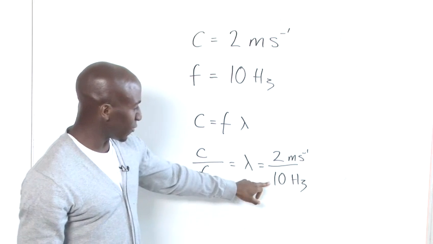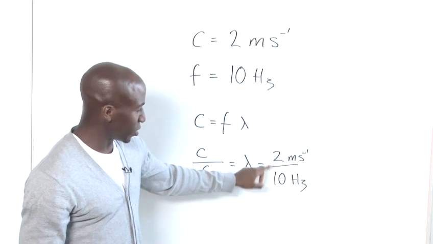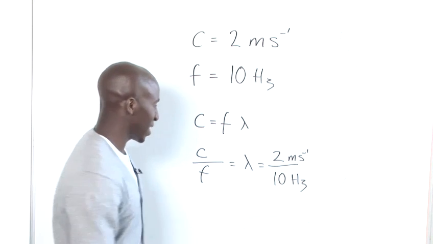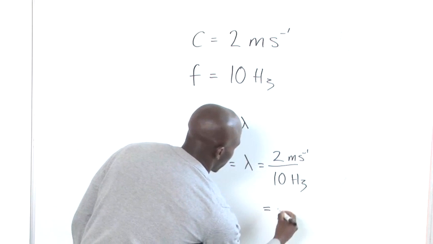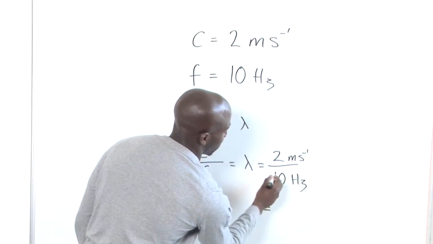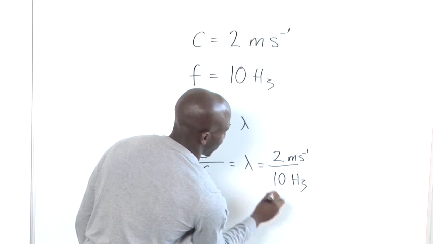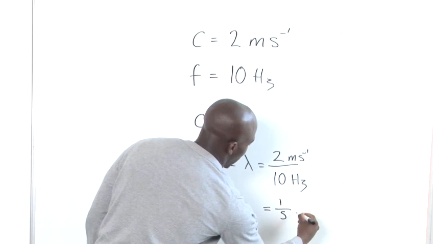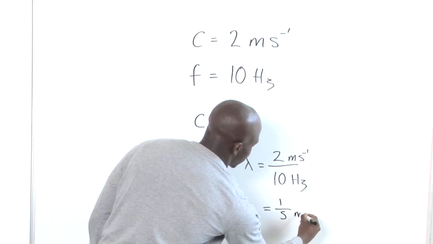Now, if you look at your simple fraction here, you've got 2 divided by 10. Okay, now that's going to give you, when you cancel the top and bottom, the 2's in both, this has a factor of 2 and this has a factor of 2. You've got 1 divided by 5, and that's going to give you meters.